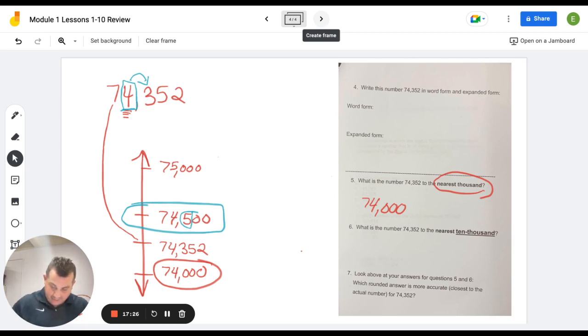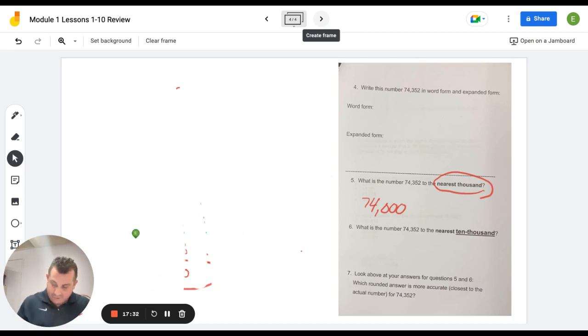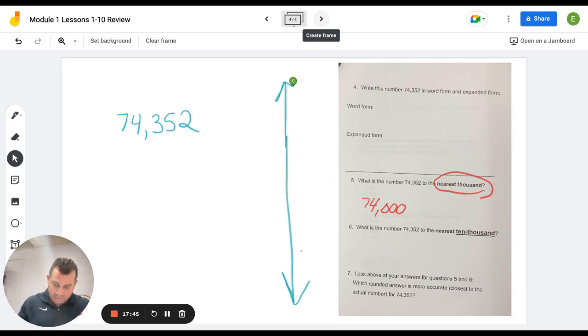And number 6, what is the number 74,352 rounded to the nearest 10,000? So if we're rounding it to the nearest 10,000, the 7 is in the 10,000s place. Here's my vertical number line.